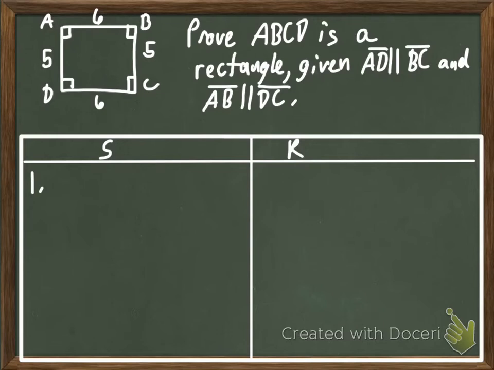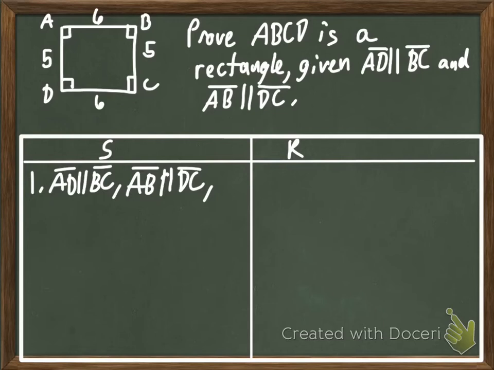So we are given from the words that AD is parallel to BC and that AB is parallel to DC. We're also given something else from the picture. We see that there's 4 right angles there.